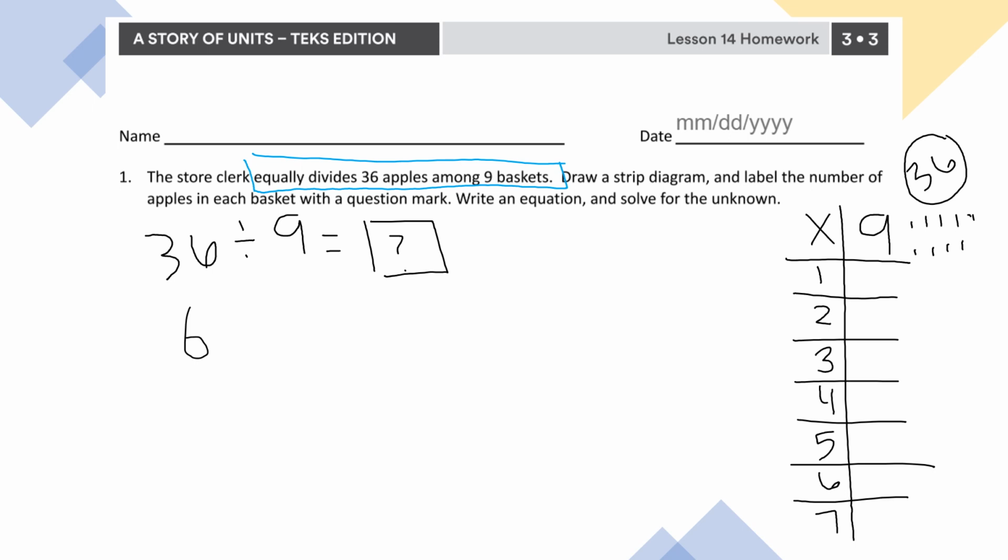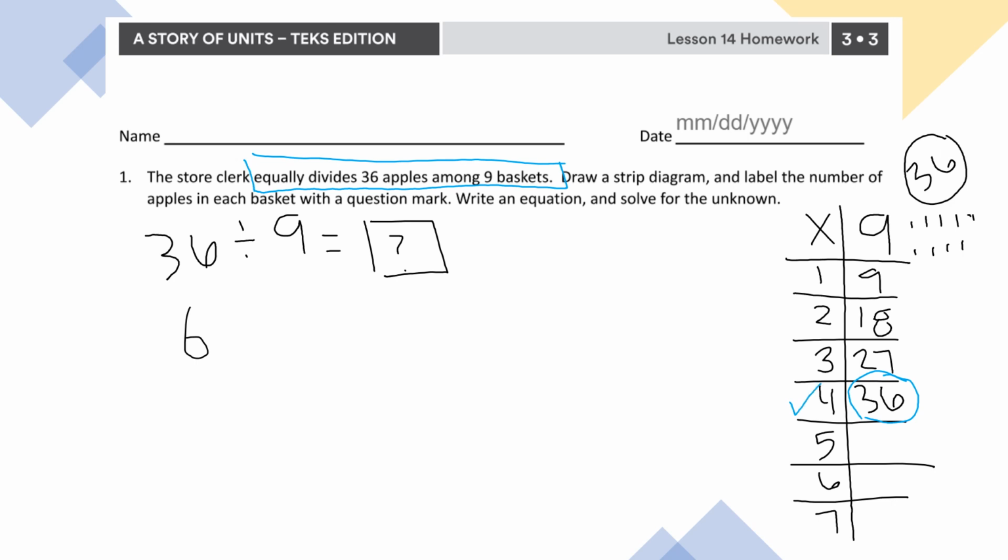All right, 1 times 9 is 9. 2 times 9 is 18. 3 times 9 is 27. 4 times 9 is 36. There's my goal right there, 36. So that means that the number next to 36 is my answer, which is 4.